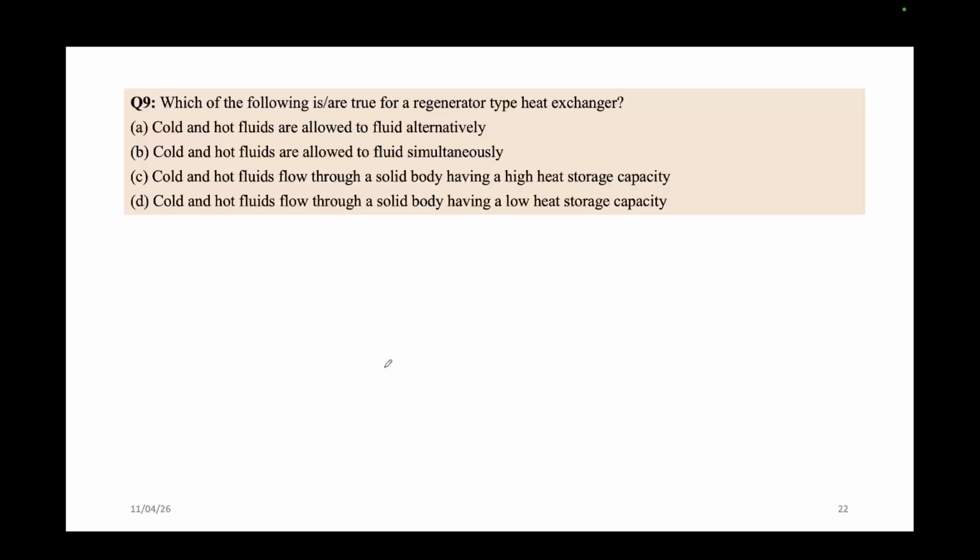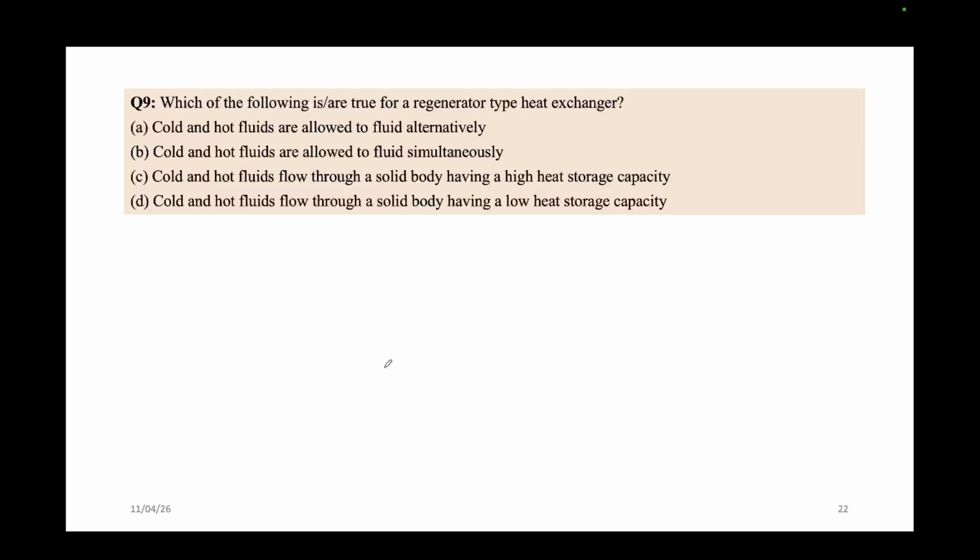There is a certain flow path for each fluid, and the heat transfer takes place through the tube, by conduction and convection.